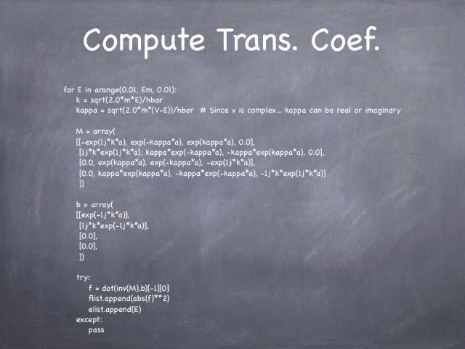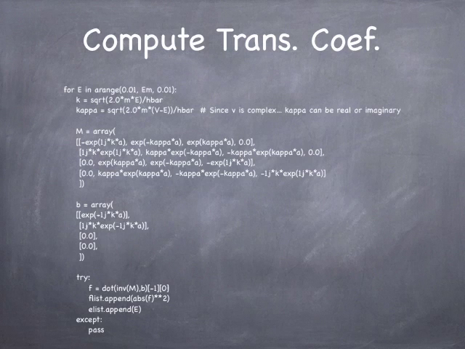So if the energy is greater than the potential, then you end up with a real kappa. I'm sorry, an imaginary kappa, which gives you a traveling wave, and if the energy is lower than V, then you get a decaying exponential inside the well. If V is negative, that means any incoming wave would have a positive kinetic energy, and you'd end up with a traveling wave inside.